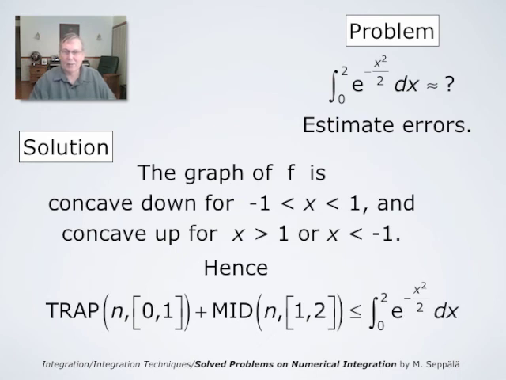And this means, by the previous observations, that when we apply the trapezoidal approximation on the interval from 0 to 1 to this particular integral, and midpoint approximation on the interval from 1 to 2, we get a lower bound. And this lower bound is much better than the original lower bound that we got.